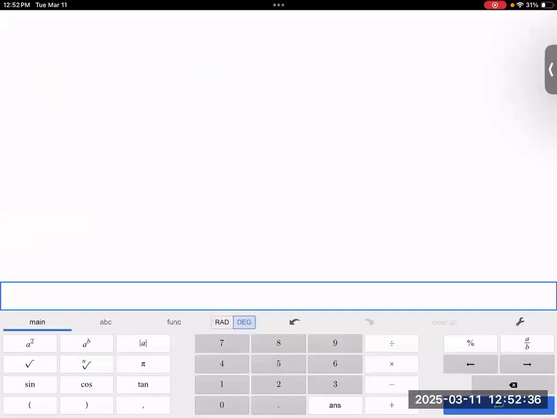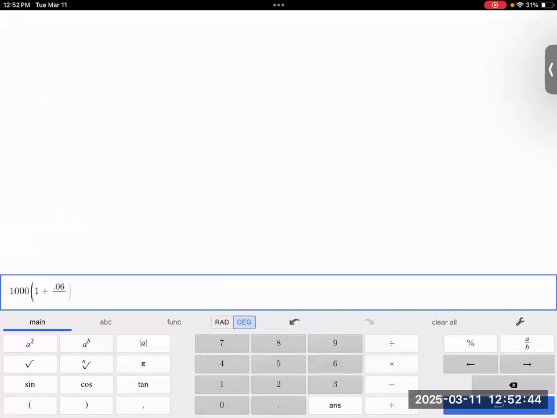I'm going to clear all of these out. So we get $1,000, 1 plus 0.06 divided by, and I'm just going to do the 1 over here, raised to the 1 times 1.